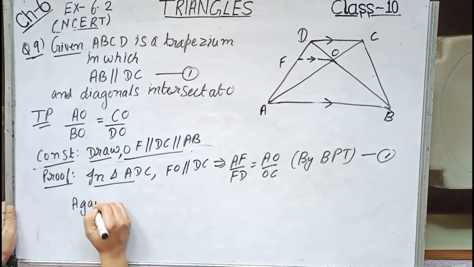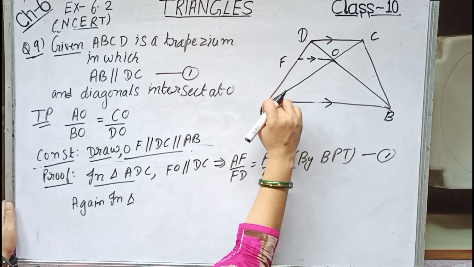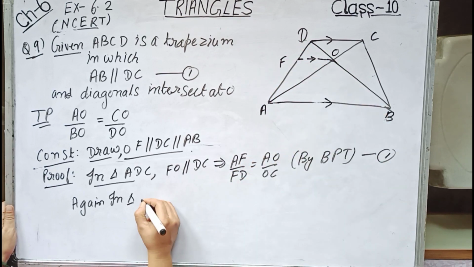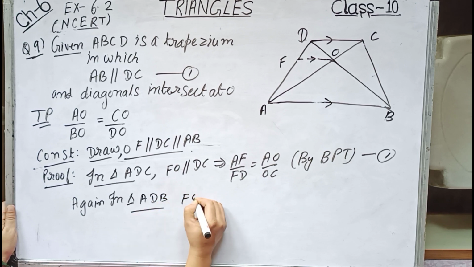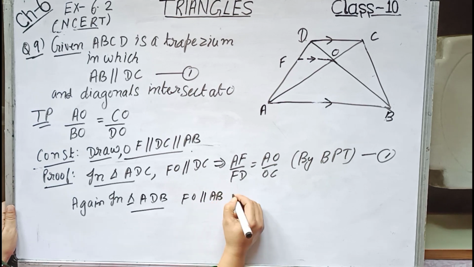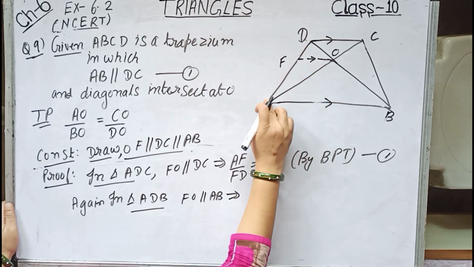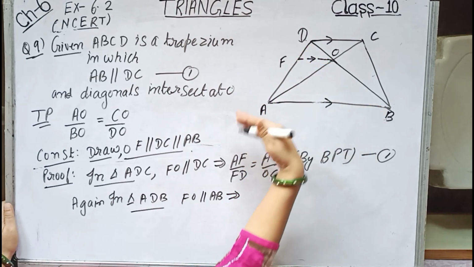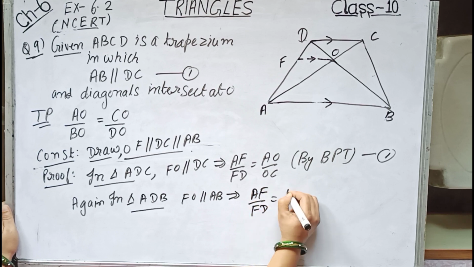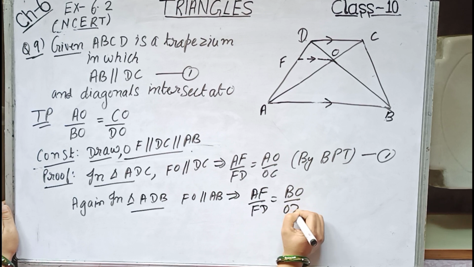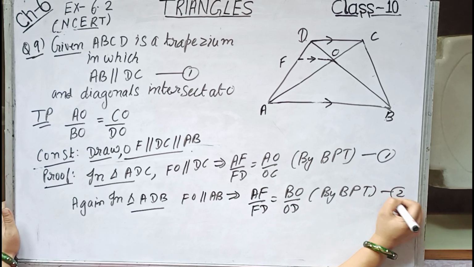Again, in triangle ADB, FO is parallel to AB, implies DF by FA equals DO by OB, or the reverse also we can write, AF by FD equals BO by OD by BPT.